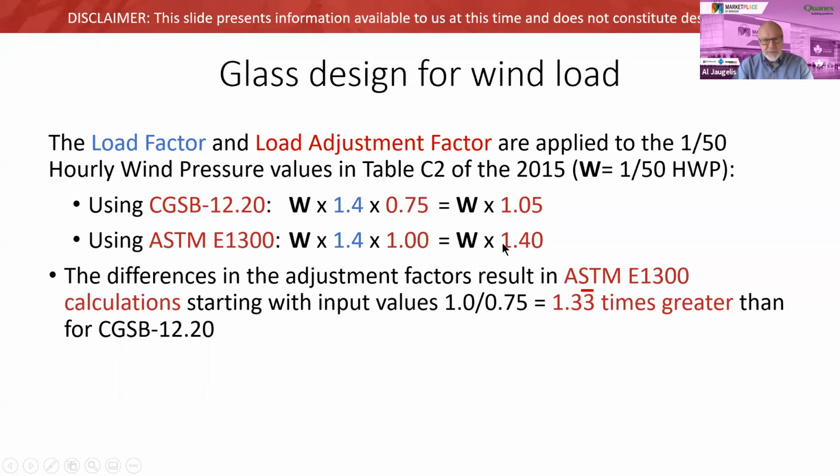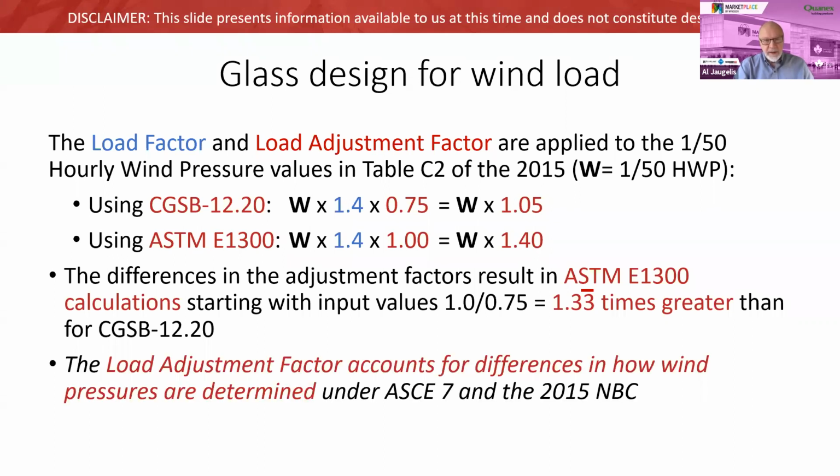The adjustment factor for ASTM E1300 is essentially 1.33 times greater than you're using for CGSB 12.20. This sounds scary, it sounds punitive, but it isn't, because once the calculations are done using ASTM E1300, you'll have essentially the same glass design. And as we've mentioned, this adjustment factor accounts for the differences in how the wind pressures are determined under ASCE 7 and the 2015 code.